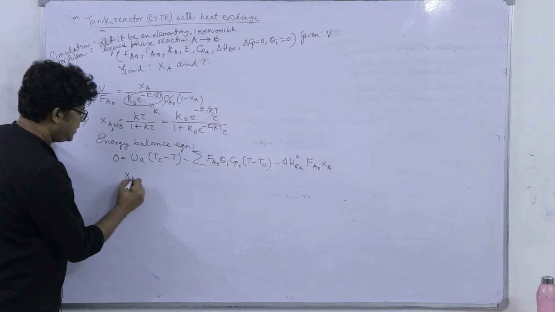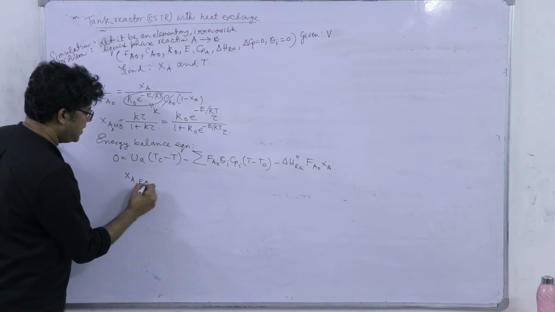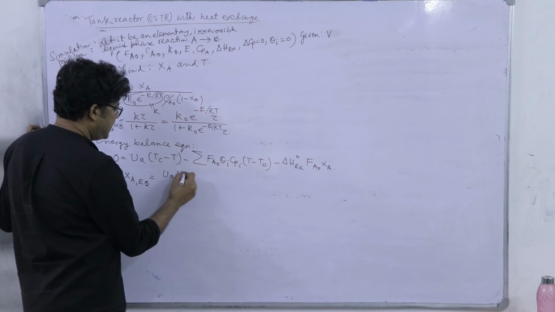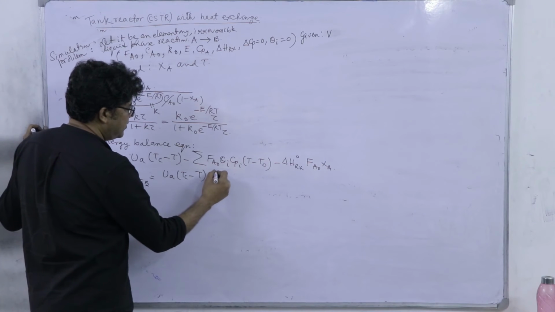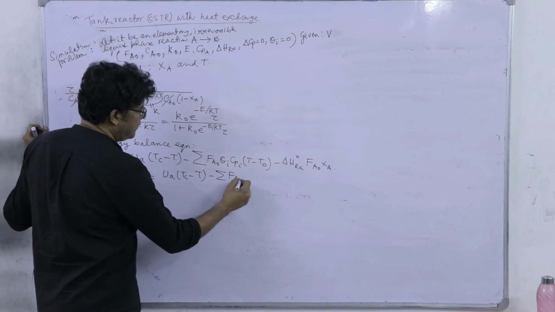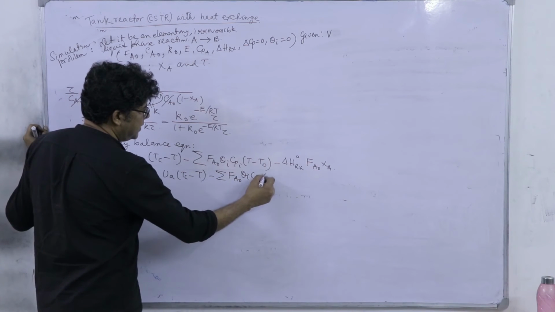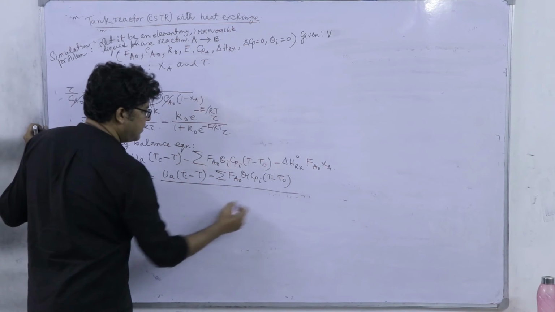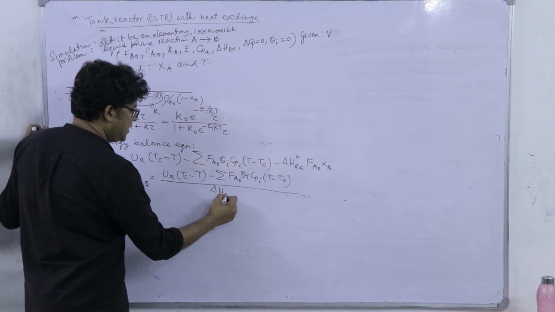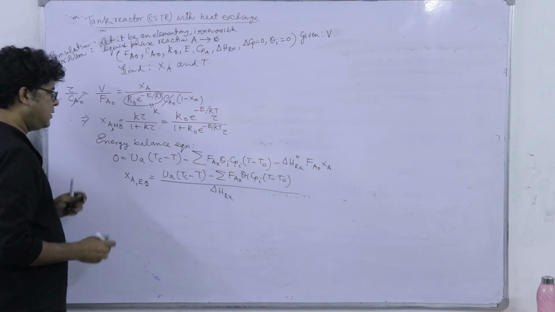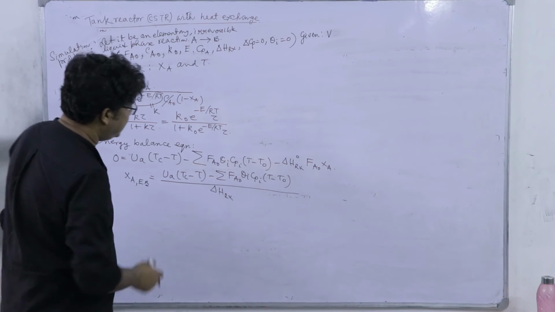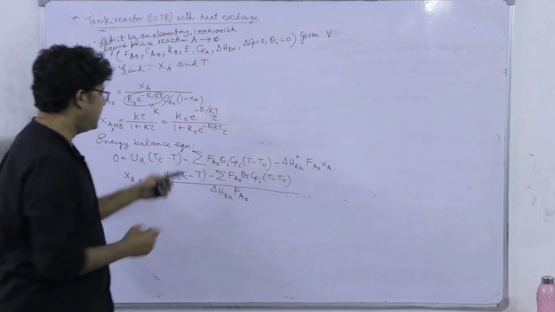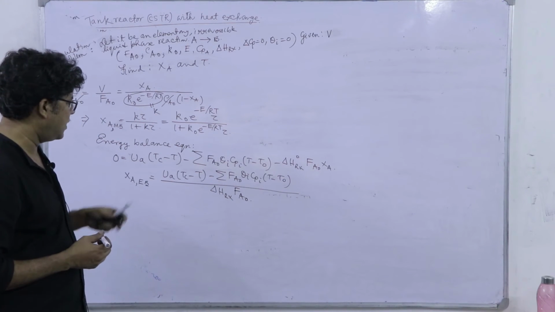So, Xa EB from energy balance, what we obtained? UA(Tc minus T) minus summation Fa naught theta I Cpi (T minus T naught), divided by delta H Rx, this shifted to this side, delta H Rx into Fa naught. So this is nearly a linear function of T.